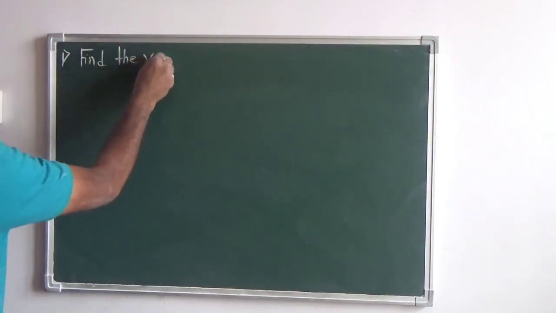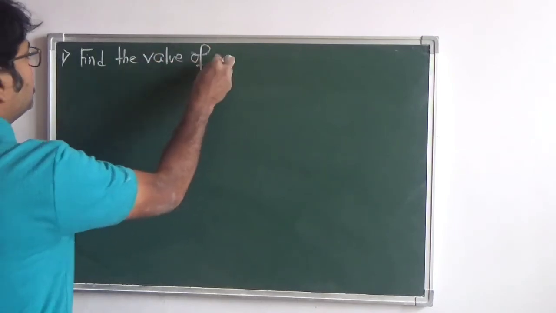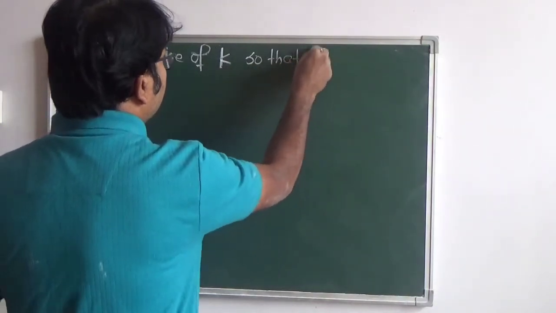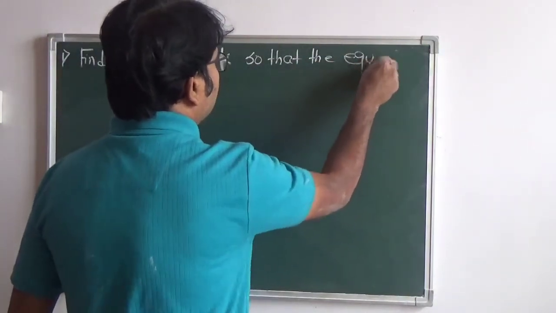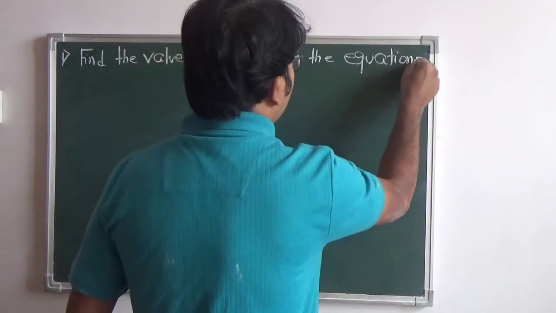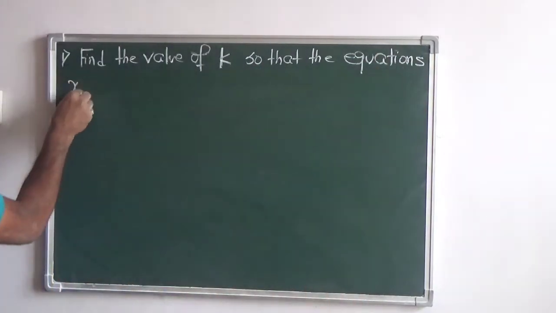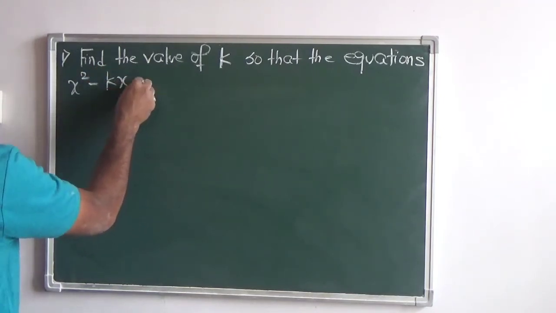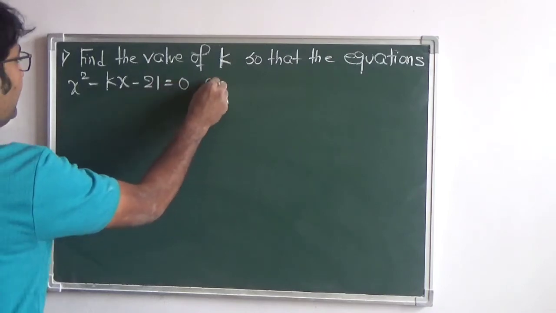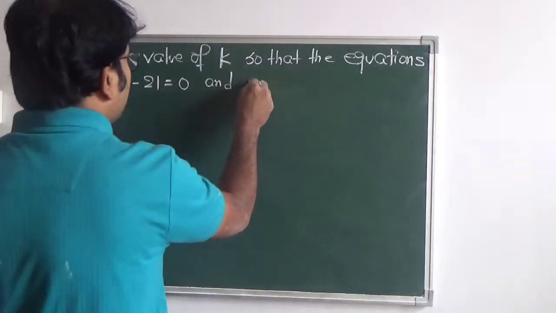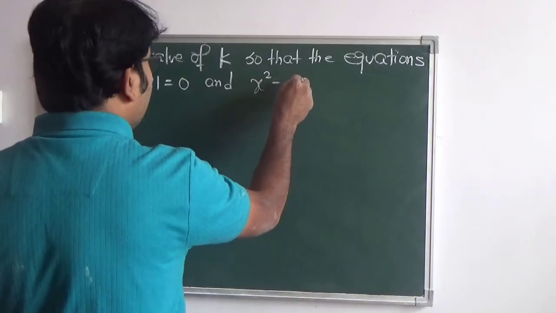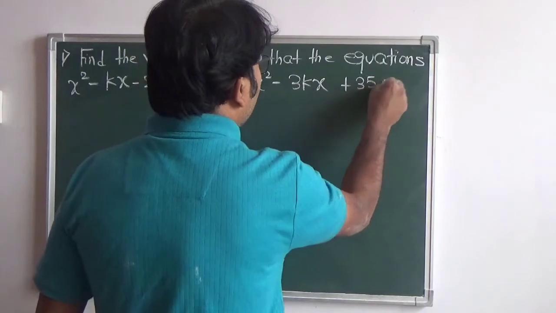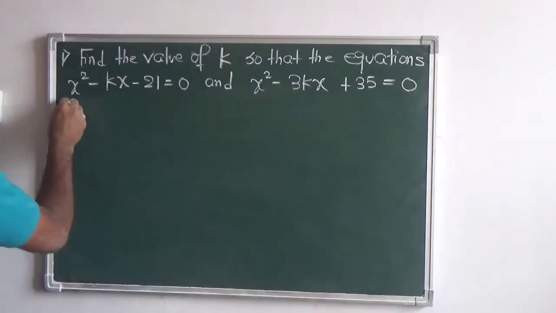Find the value of k so that the equations x square minus kx minus 21 equals 0 and x square minus 3kx plus 35 equals 0 have one common root.